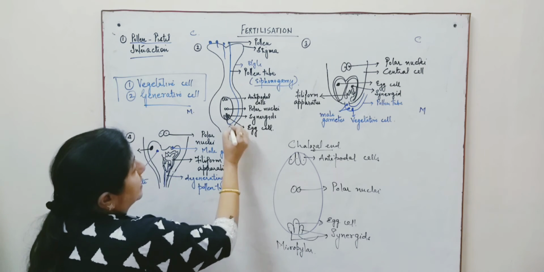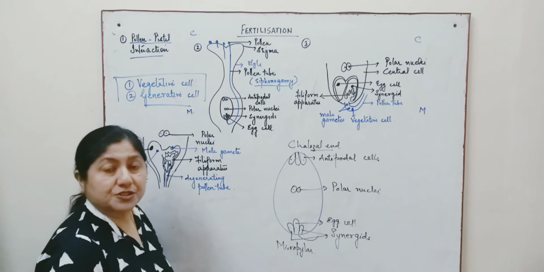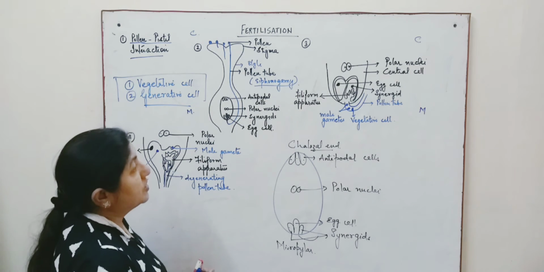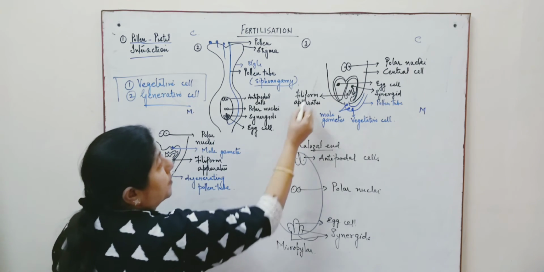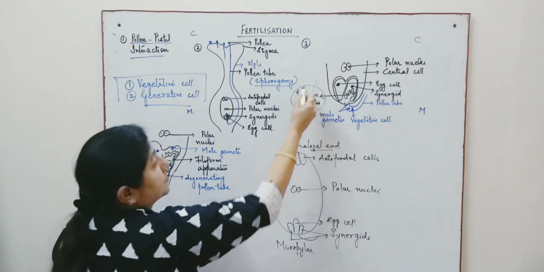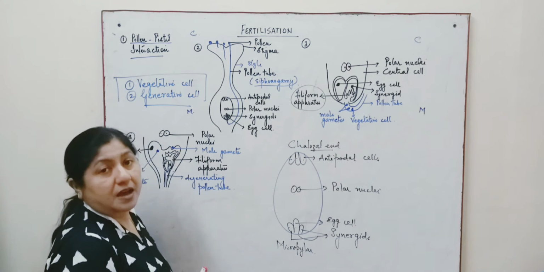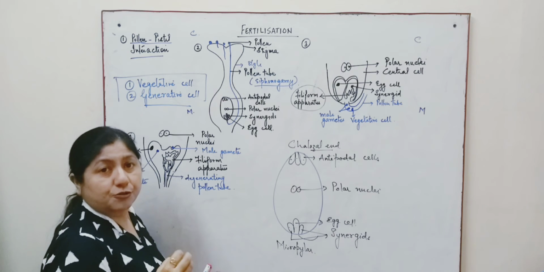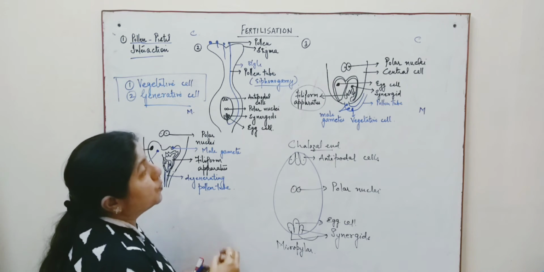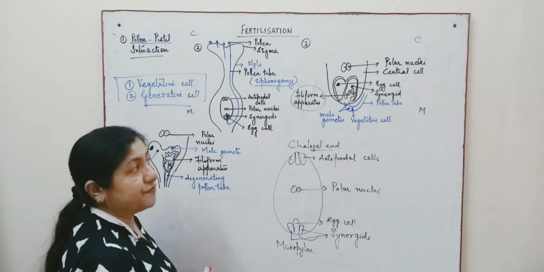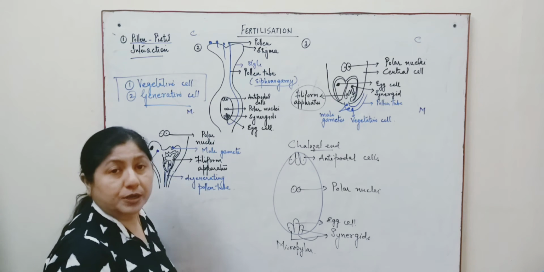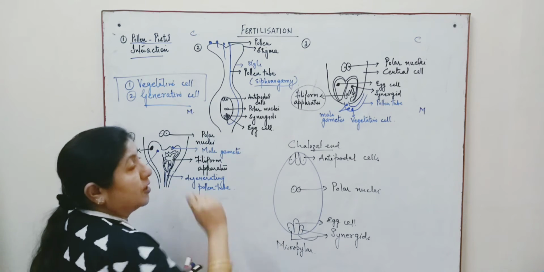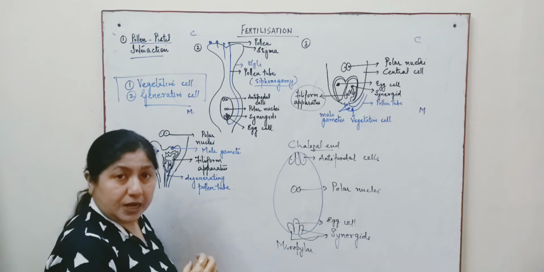As it is entering, there are certain structures known as the filiform apparatus. These filiform apparatus are found in the synergids, and these are actually microtubular structures whose main function is to guide the pollen tube towards the egg cell, to allow it to enter.